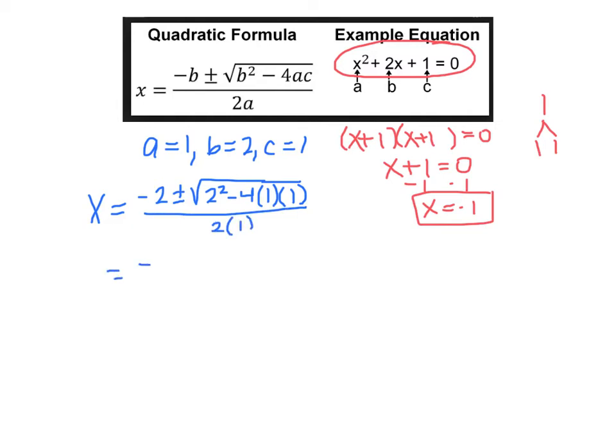Then we'd have negative 2 plus or minus the square root of 4 minus 4, which is 0. When this turns to 0, the plus or minus goes away, and that's what causes there to be just 1 answer instead of 2. So if you notice, we got the same answer whether we factored or used the quadratic formula. So let's try this again with something that doesn't factor.